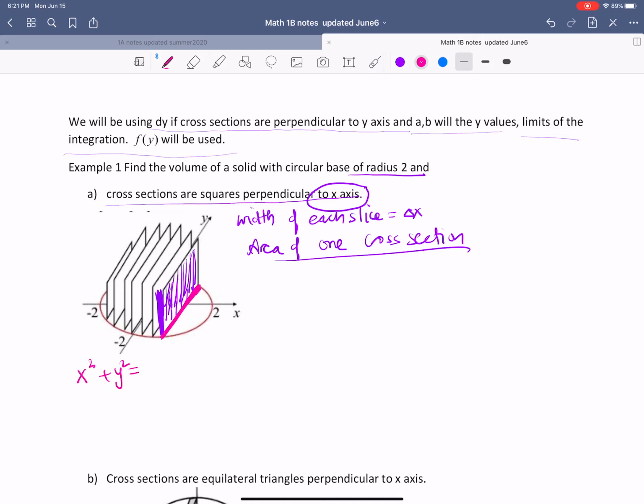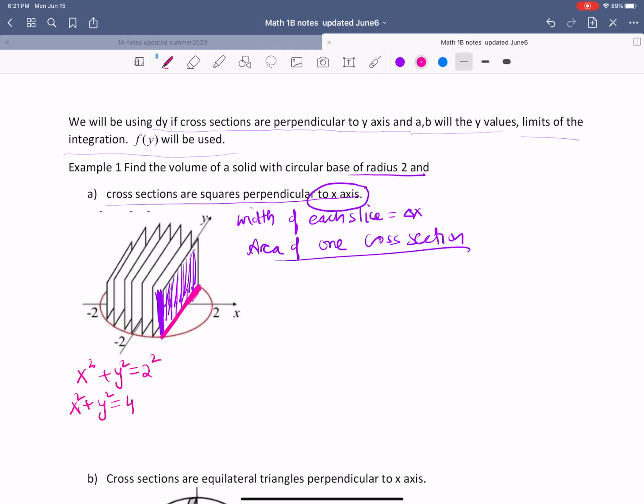The equation of circle with the radius 2 will be x squared plus y squared equals 2 squared, which is x squared plus y squared equals 4. The radius of each circle, or you can say the side of the square, is each y value.